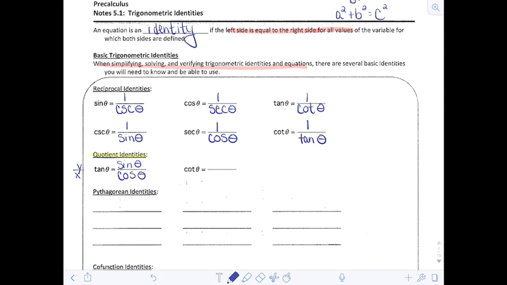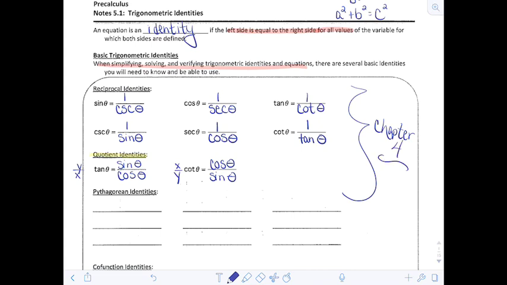Then if we take the reciprocal, the cotangent of theta is equal to the cosine of theta, which is your x, over the sine of theta, which is your y. And all of these we should know from Chapter 4. They should not be new.